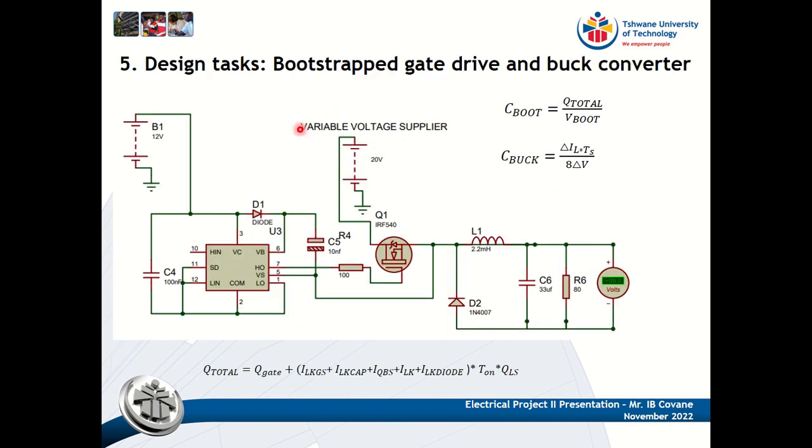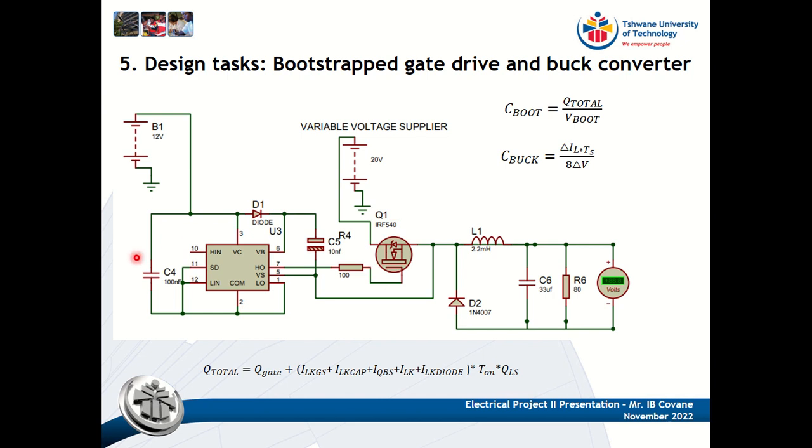Then let's look at the bootstrapped gate drive and the buck converter. Here we have our gate drive with our bootstrap. Here we calculated the bootstrap capacitor, which is 10 times this capacitor here. This gate drive is used to boost up the signal from our PWM, which will be put on pin 10 and come out through pin 7 to our MOSFET.